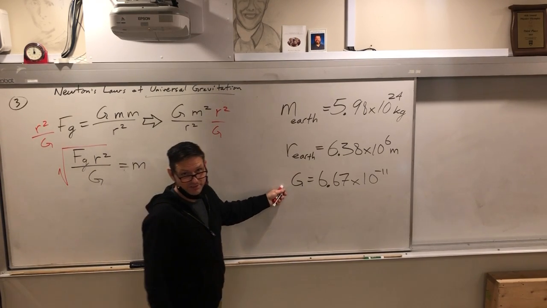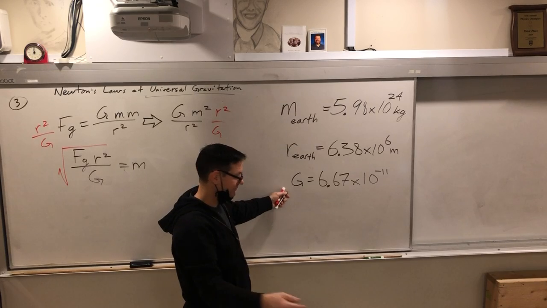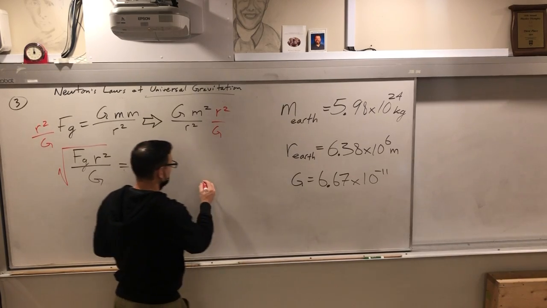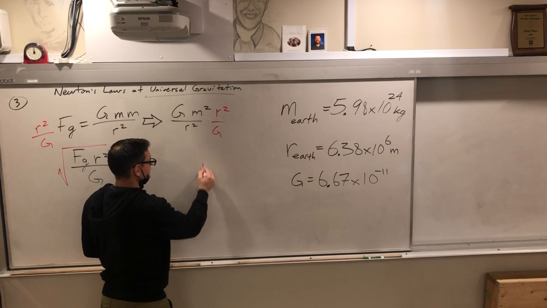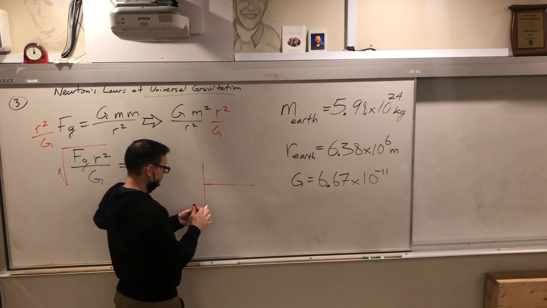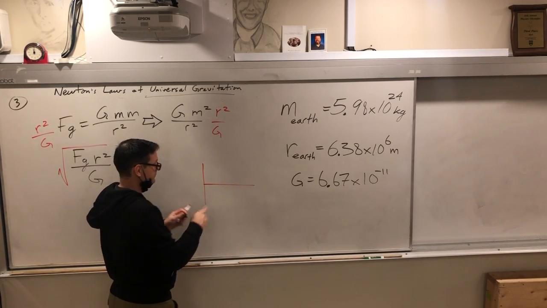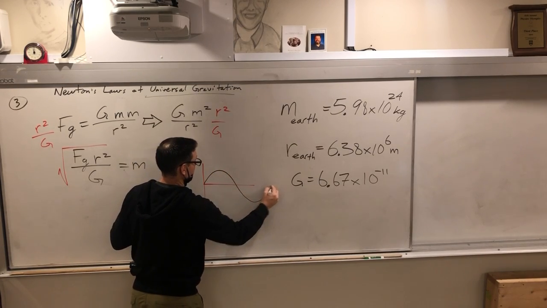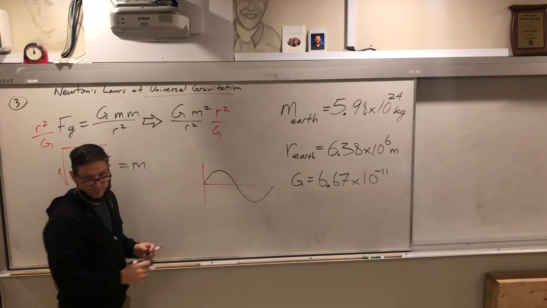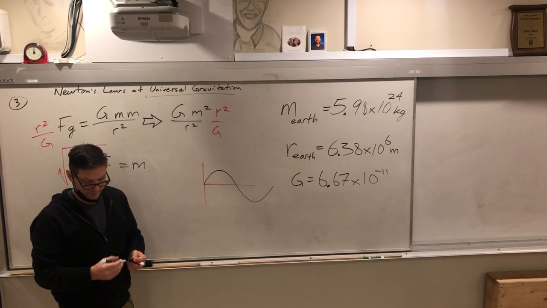It's a total aside, so you don't need to know this. Just skip ahead. Let me give you a possible scenario. Let's say that G does this, starts here. Let's say that that is the value of G in the universe.